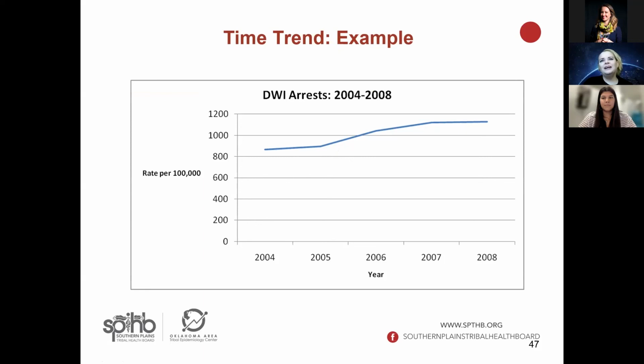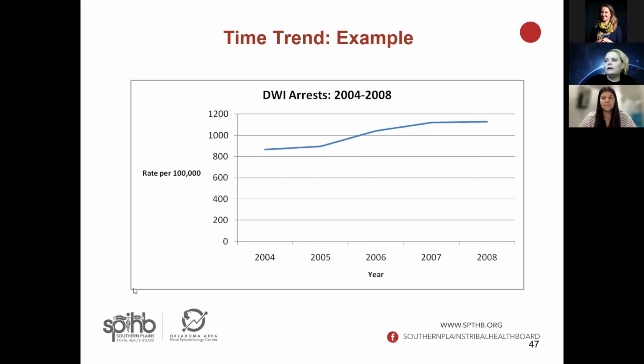I don't want to get into confidence intervals, but just know that we're here to help you with that, because if confidence intervals overlap, sometimes the difference in the numbers may not be statistically significant. So when you see time trends, when you see estimates from surveys, just keep that in mind.